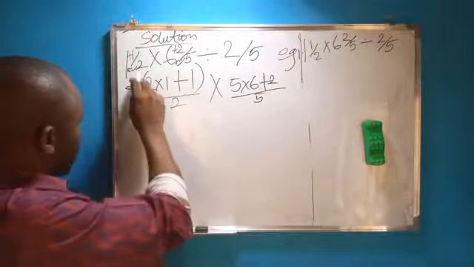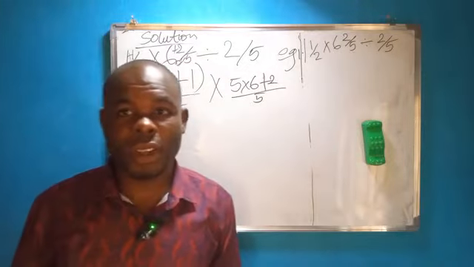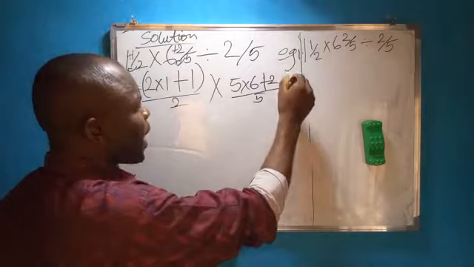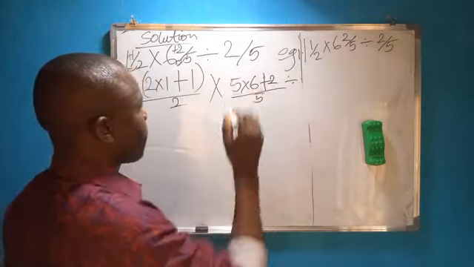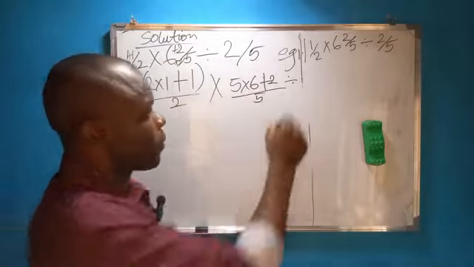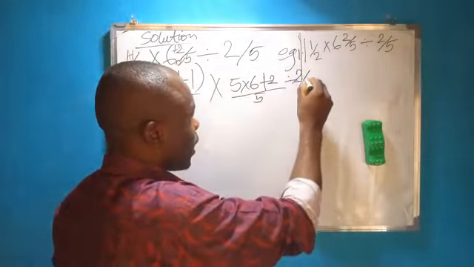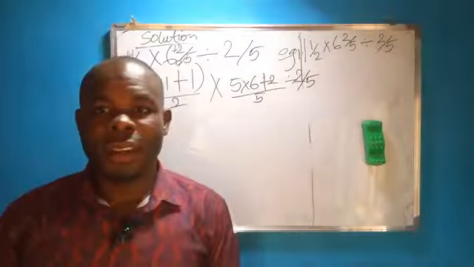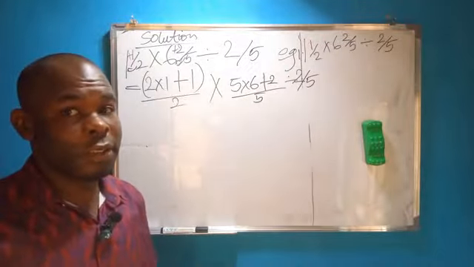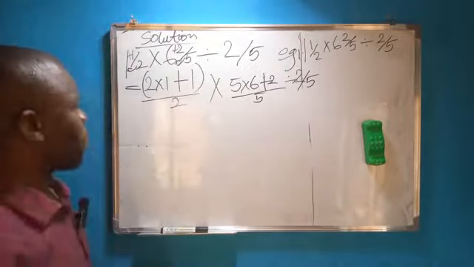All over this 5, all over this 2. Is that clear now? Because they are the denominators there. So now, divided by this is 2 over 5. Then divided by 2 over 5. Understood? I hope this is making a whole lot of sense. Okay, guys, let's keep watching.